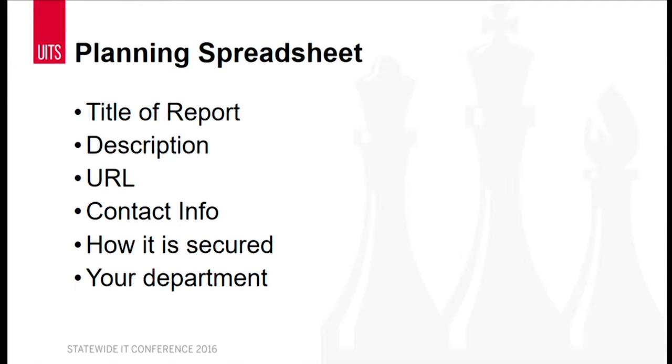We will ask you to fill out a little spreadsheet so we have the information that we need to do the publishing for you. On the screen is some of the information we need, but you send us an email and we'll tell you exactly what we need to publish for you.